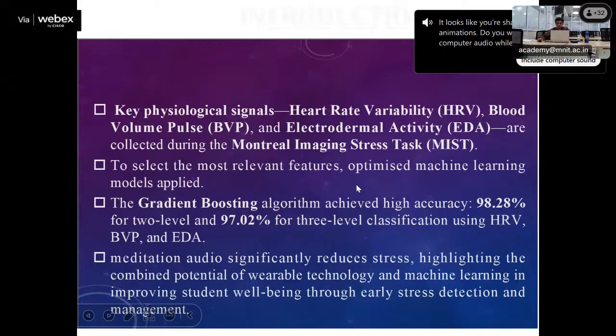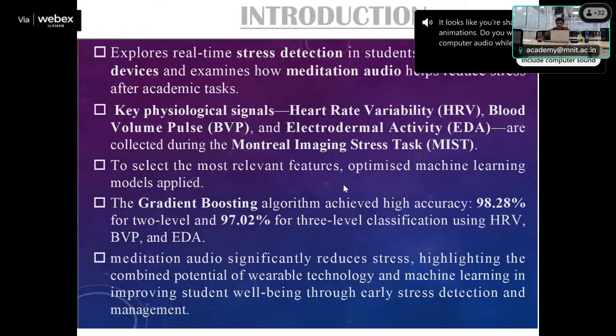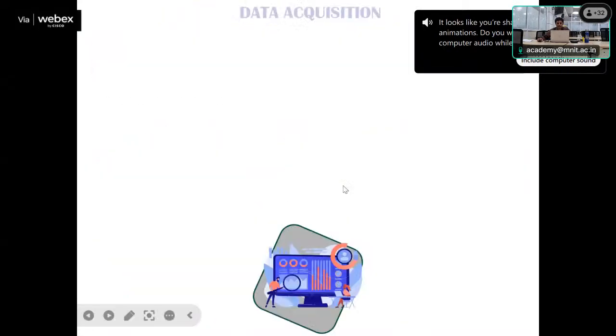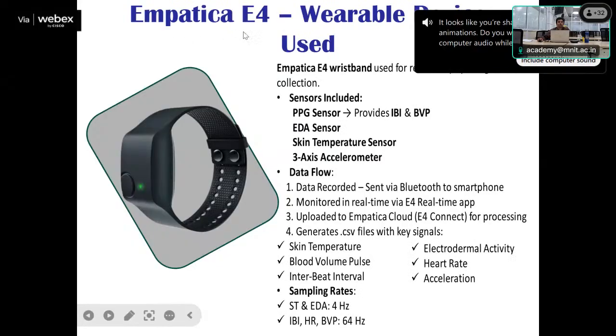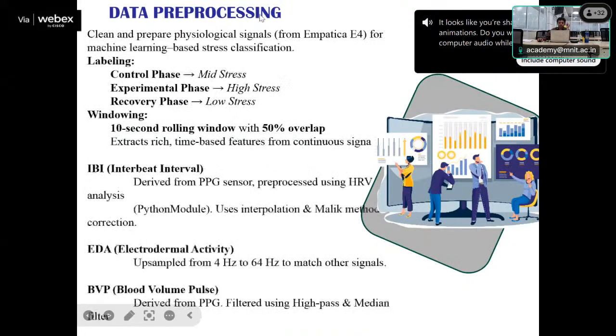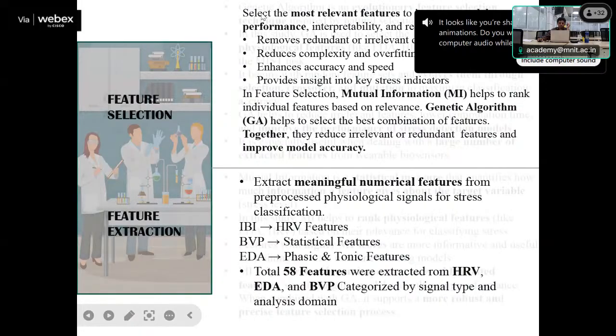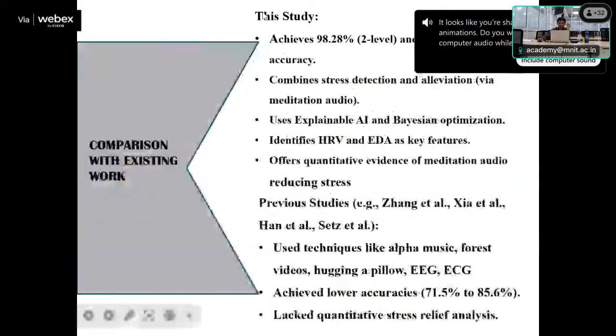That is developed with one kind of device, the Empatica E4, a wearable band. It was developed in India, and the samples were collected from Delhi Technological University. But because of the lack of time, I'm not covering it in detail.